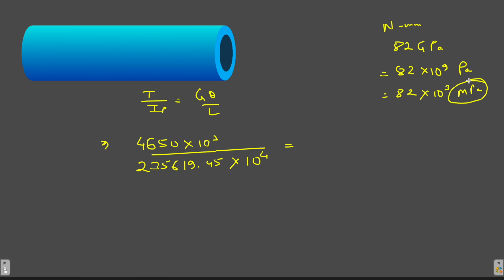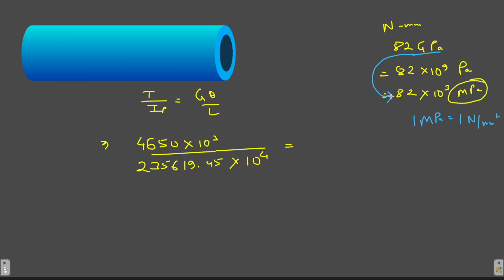And what is a megapascal? You must remember this, that 1 MPa is 1 Newton per millimeter square. So whenever you find such units, 1 MPa is 1 Newton per millimeter square. So gigapascal to megapascal, you have to multiply by 10 to the power 3.